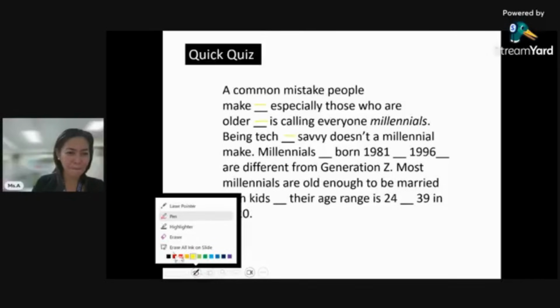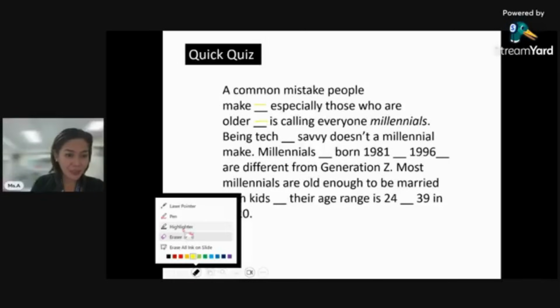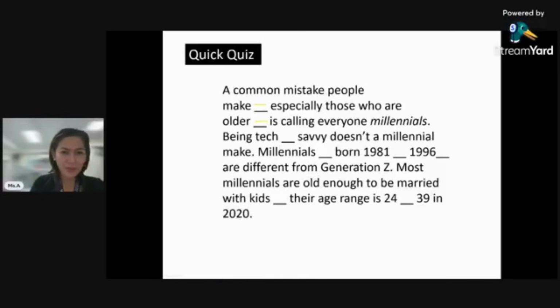Ayun. Ang haba ng hyphen ko. Last na po ito. Ayan. Tech savvy. And then millennials. All right. So we are actually emphasizing millennials.